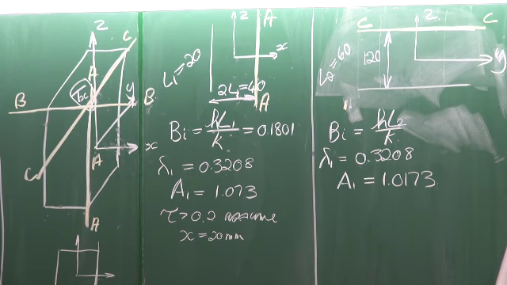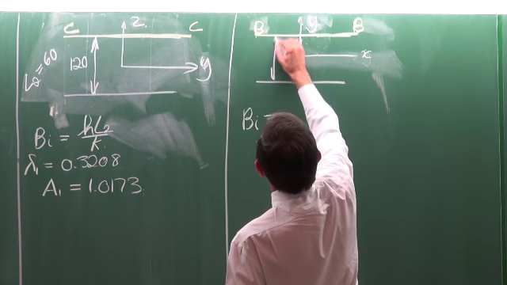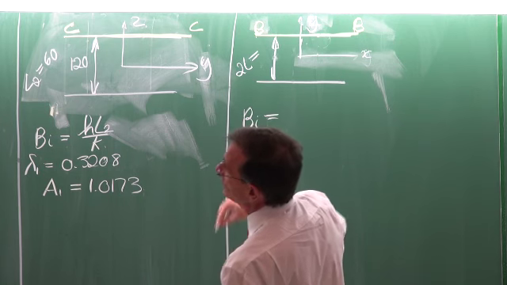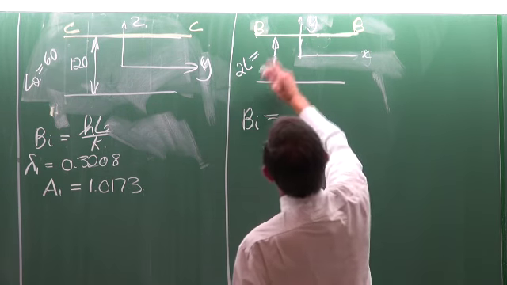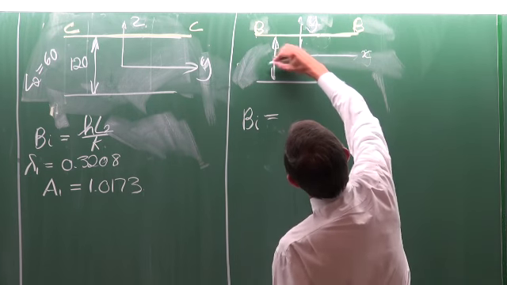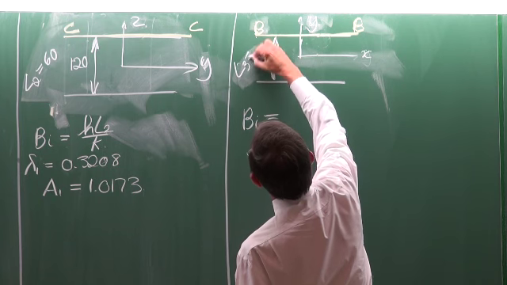Now this one, if we look at it from the top, then that distance is going to be 2L is 40, and therefore L3 is 20.